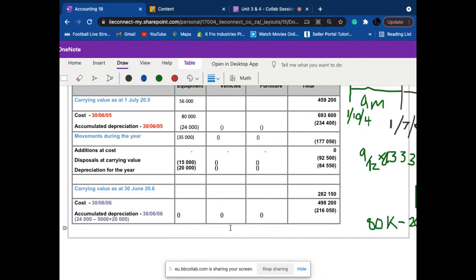So that's 44 minus 5, you then get 39. 39,000 over here.